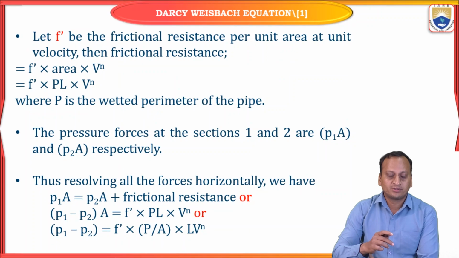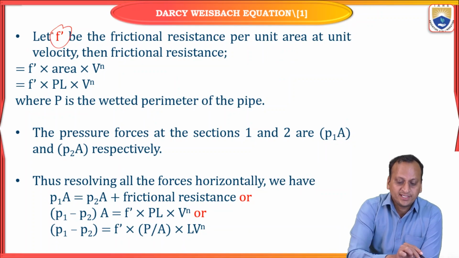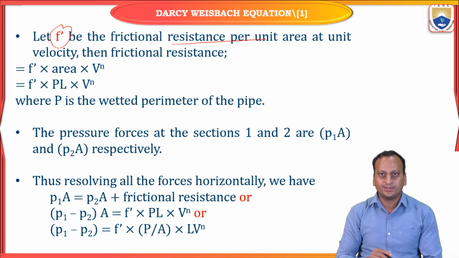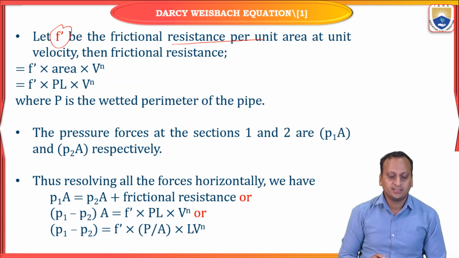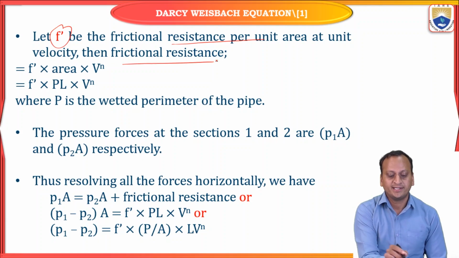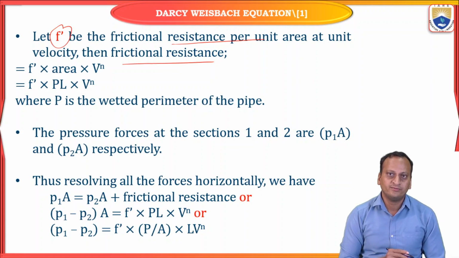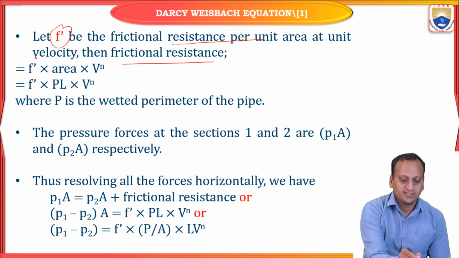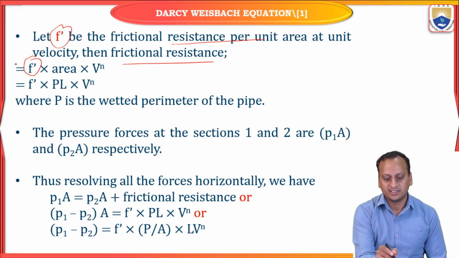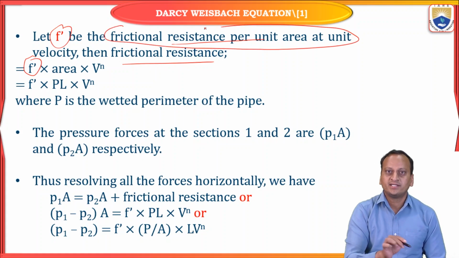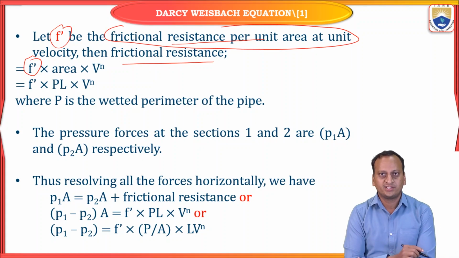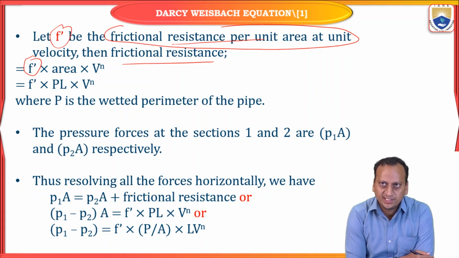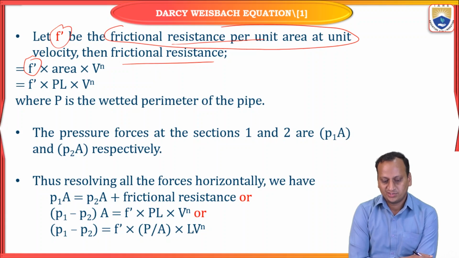So we have to consider f dash. f dash is nothing but the frictional resistance per unit area at unit velocity. Then the frictional resistance can be written as f dash into area into V power n, where f dash is the frictional resistance per unit area per unit velocity.